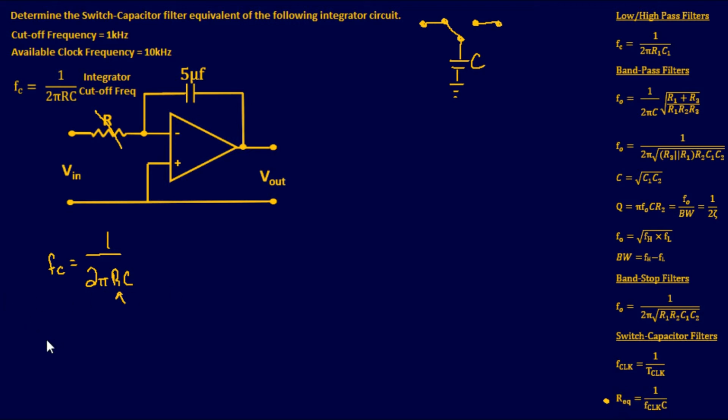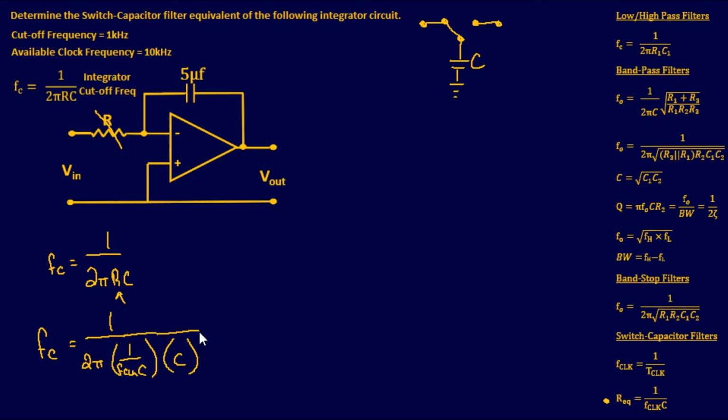So our cutoff frequency, f of c, equals 1 over 2 pi. Now instead of R, I'm going to put our R equivalent, which is going to be 1 over our clock frequency times our capacitance, and then of course times our capacitance again.